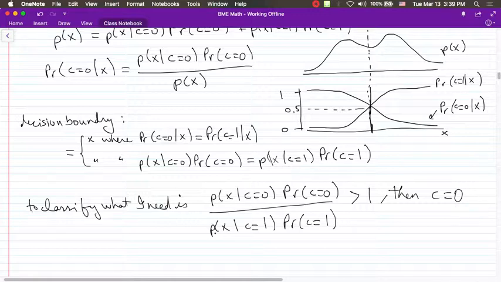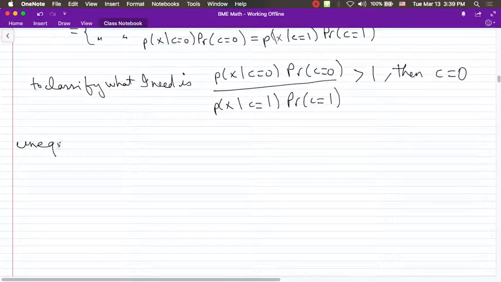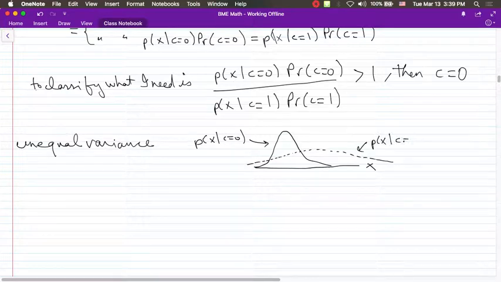Does that make sense? All right, let's do unequal variance and see what happens then. Under unequal variance, I have my data x, I have some distribution, the likelihood of x given that I have class 0, and I have another distribution, p of x given that the class is 1.